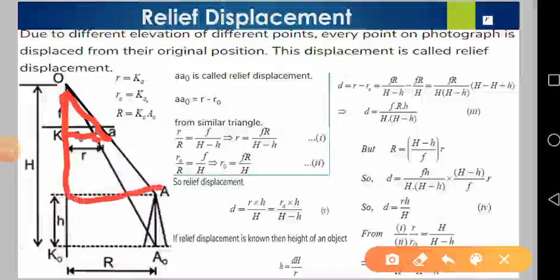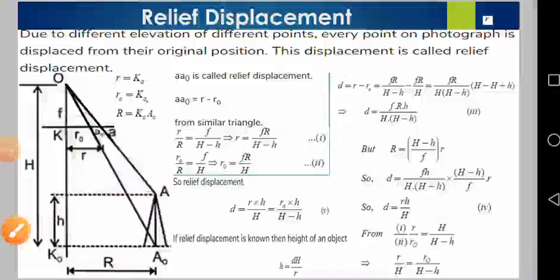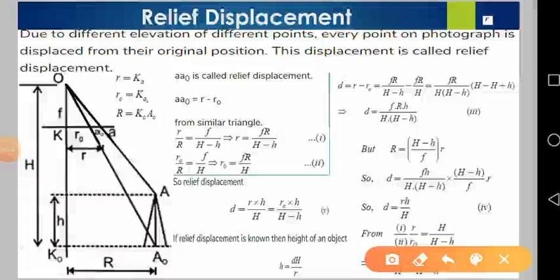Taking these two similar triangles, small r is the base of this triangle portion. So r divided by capital R, since capital R is the radial distance between the bottom and the principal axis. Here also it will be the same radial distance R only.